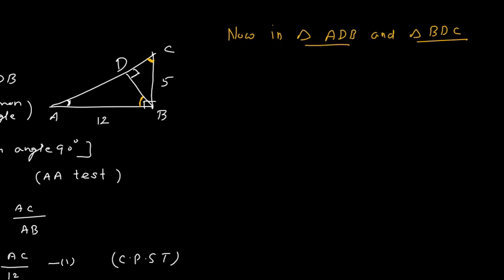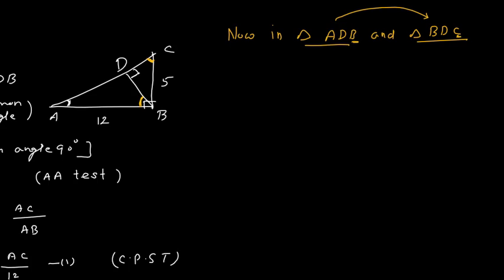In angle ADB, angle D is 90 degrees, so in the other triangle I should have 90 degrees in the middle position, so BDC. In ADB, angle B is at the last position, and it equals angle C, which is also at the last position. A corresponds to B, D corresponds to D, and B corresponds to C.